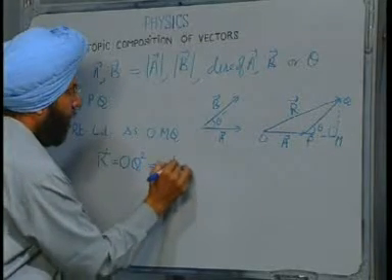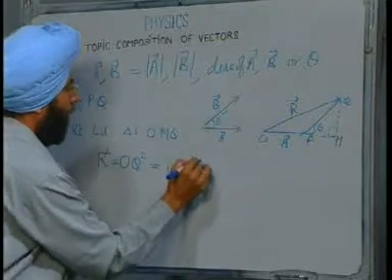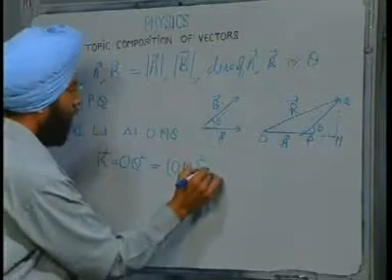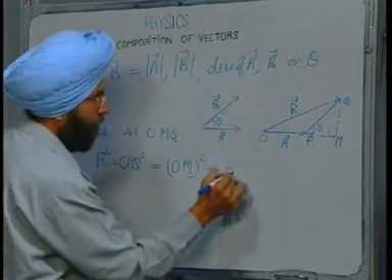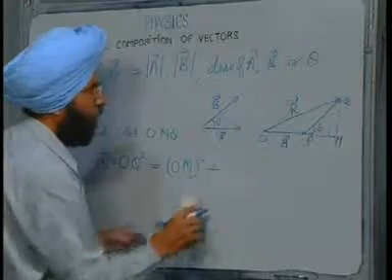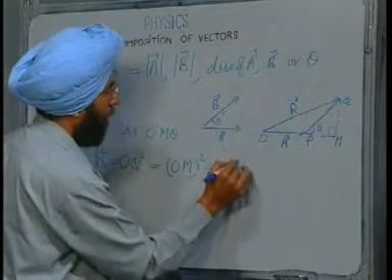Square of hypotenuse is equal to the sum of the squares of the two sides, OM square plus MQ square.